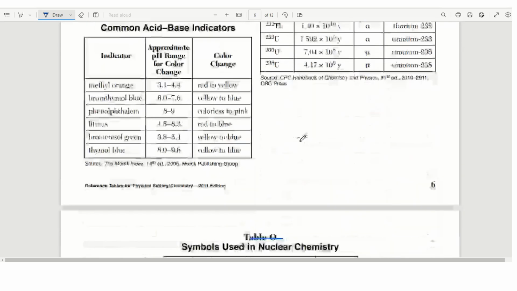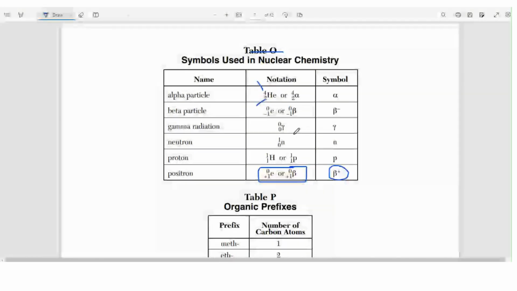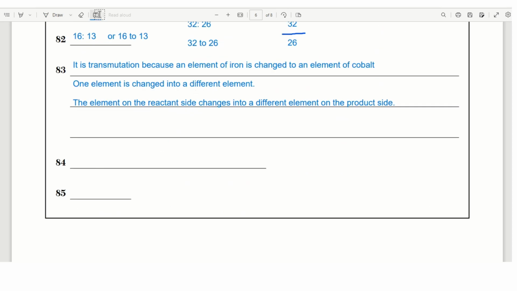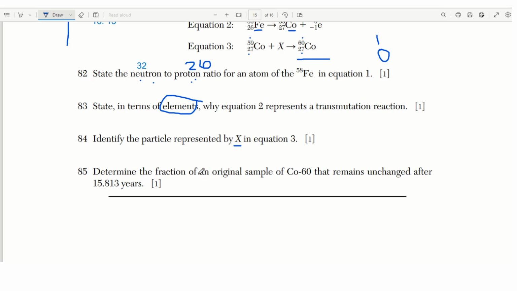Well, reference table, I go to O, and what has a 1 on the top and a 0 on the bottom? Neutron. So I write 1 on the top, 0 on the bottom, and this. What is also acceptable? To write neutron. That was acceptable.